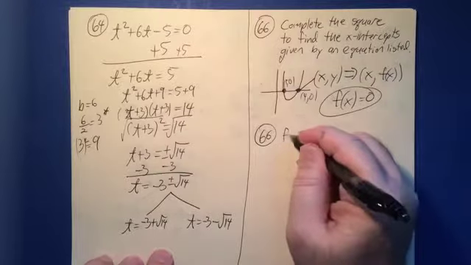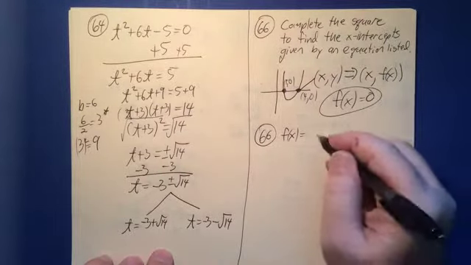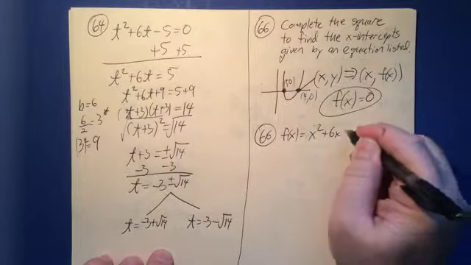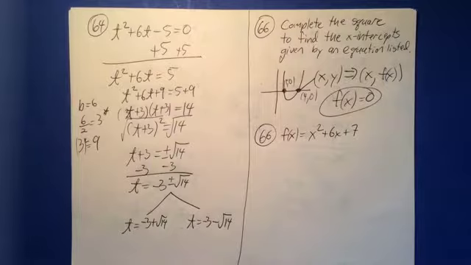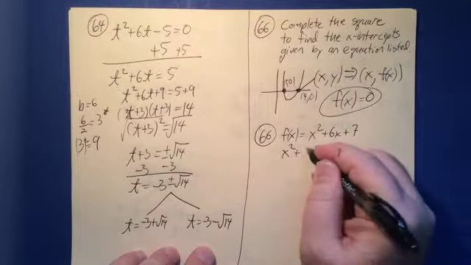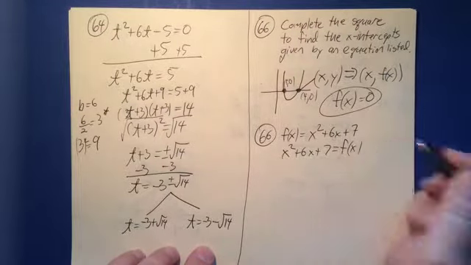And this says f(x) is equal to x squared plus 6x plus 7. Now, I'm one of those that prefers to have everything to the left. So I'm going to go ahead and just rewrite this problem as x squared plus 6x plus 7 equals f(x).